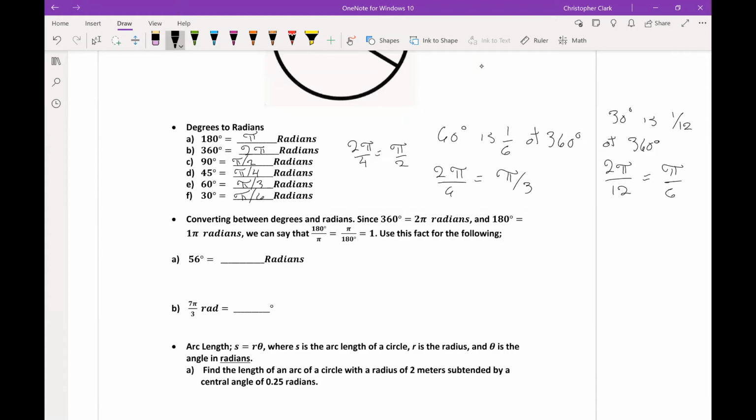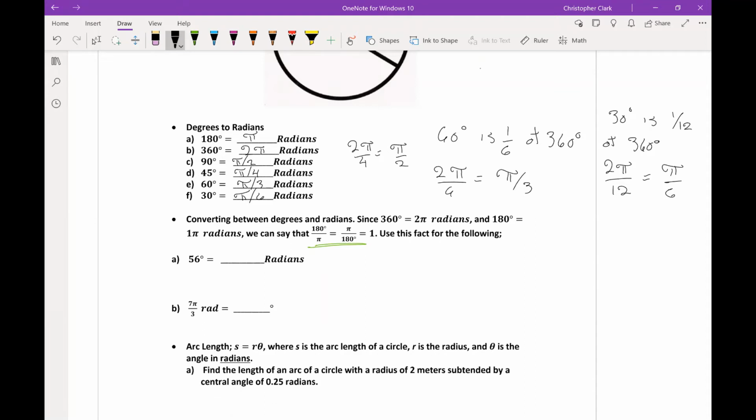So we'll do 56 degrees. For these two, we'll use these nice little conversions to help us convert between radians and degrees that are not quite so simple. With the ones we did earlier, because they were really nice fractions, it was very easy to do.